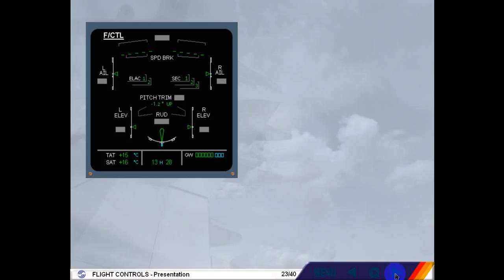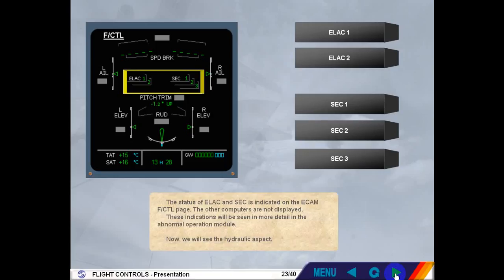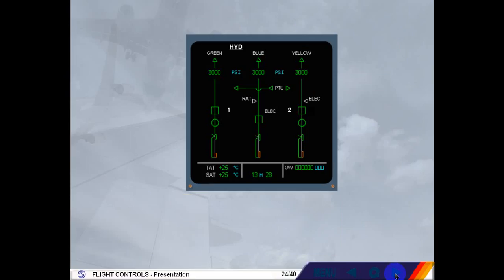The status of ELAC and SEC is indicated on the ECAM flight control page. The other computers are not displayed. These indications will be seen in more detail in the abnormal operation module. Now we will see the hydraulic aspect. 3 independent hydraulic systems are used to power all the flight control surfaces.